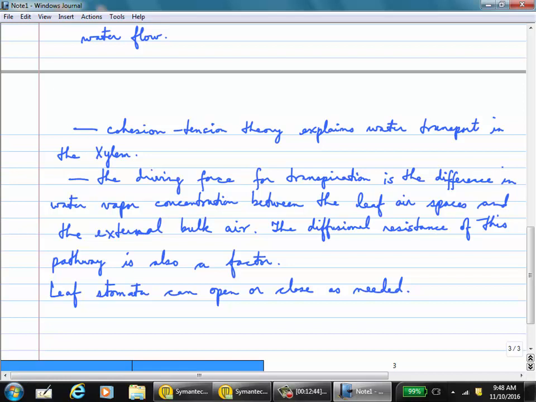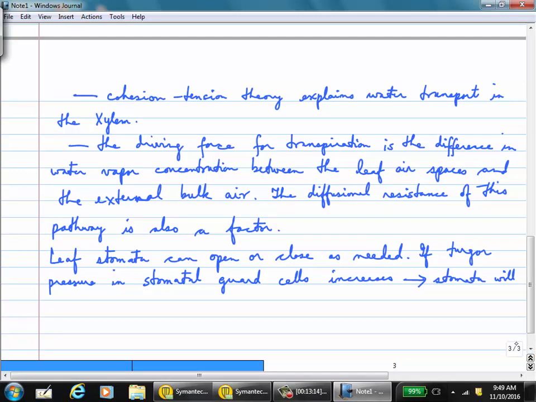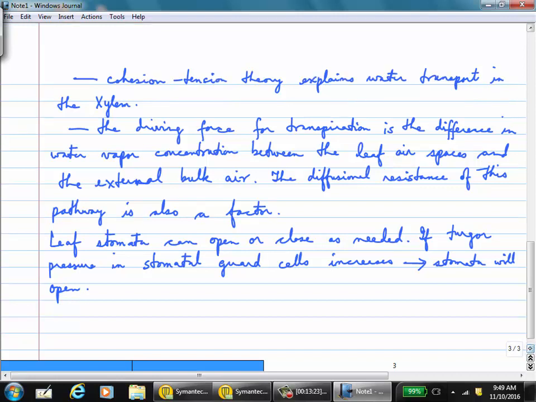So if turgor pressure in stomatal guard cells increases, then the stomata will open, and vice versa. And I will discuss mechanisms that will cause that turgor pressure to increase when I talk about photosynthesis and other things. All right, any questions?